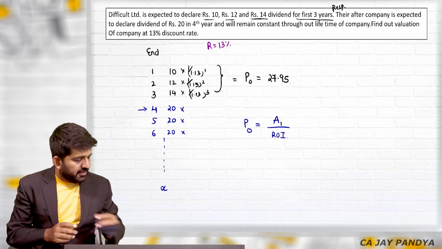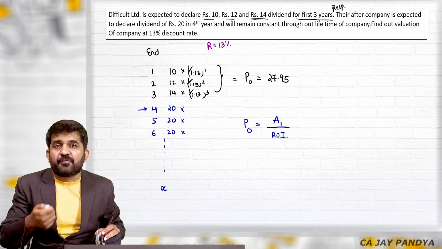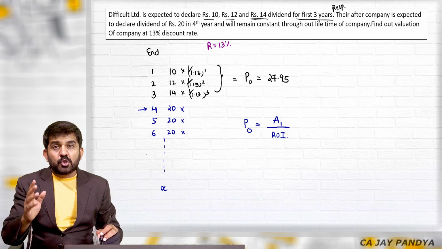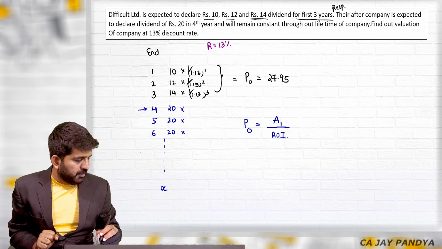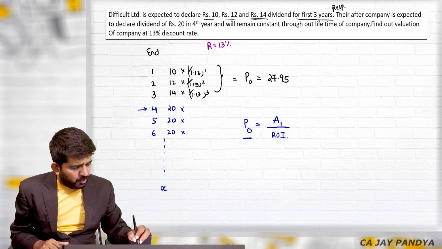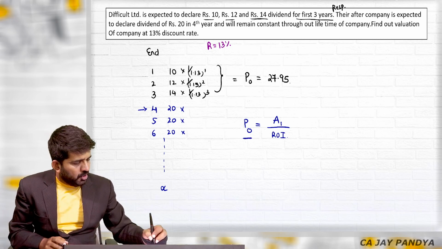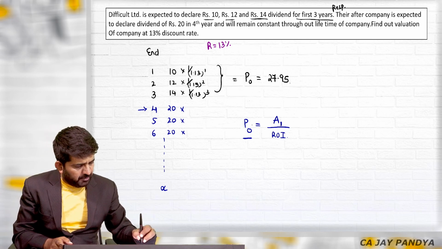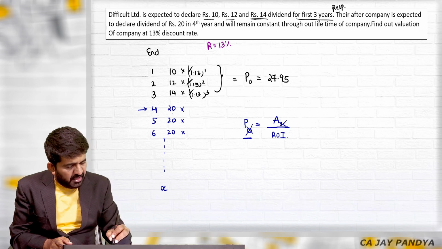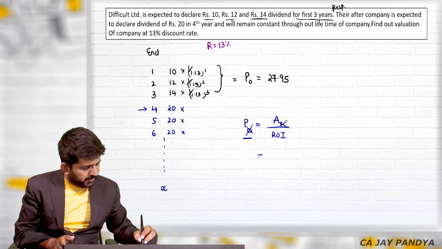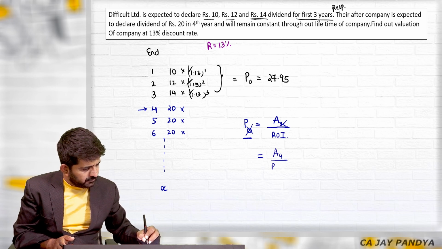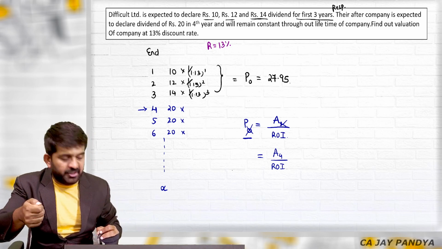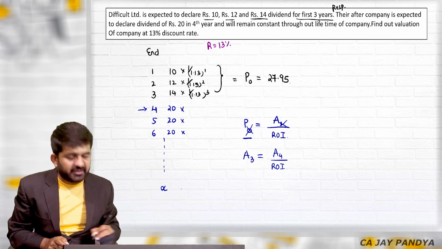Please understand, your amount is not at the end of the first year. So sir, we will be taking the amount at the end of the fourth year. No, this cannot happen. So what to do? Try to understand. We'll have to play with the formula. If you want to find out the answer as on today, you should start with the first year. So I'm changing the formula. If I start with the fourth year, I will not be getting the amount at the end of 0 year, but I will be getting the amount at the end of the third year.